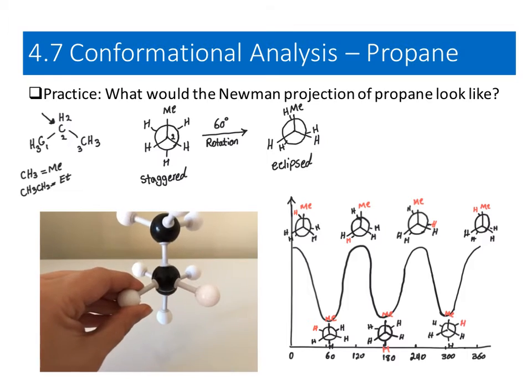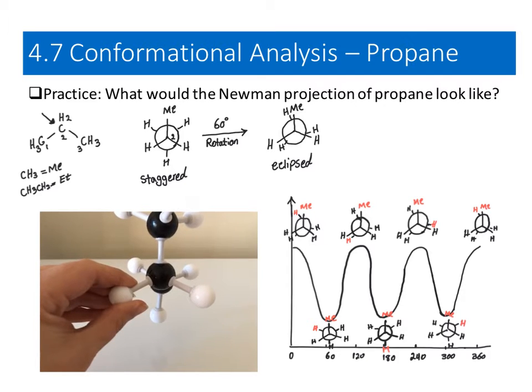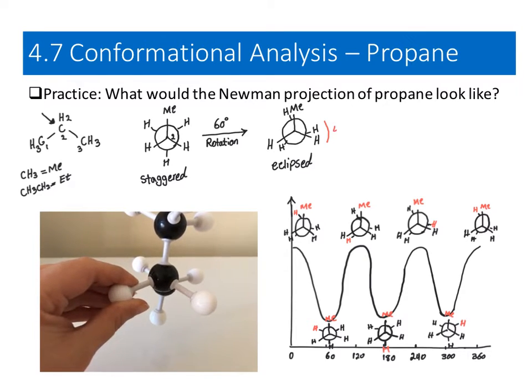Okay, so now energy wise, the eclipsed conformation is less stable than staggered. The energy cost for H-H eclipsing is 4 kilojoules per mole.